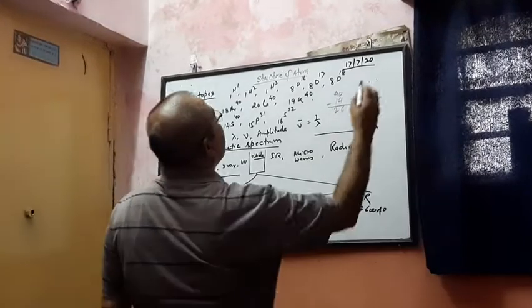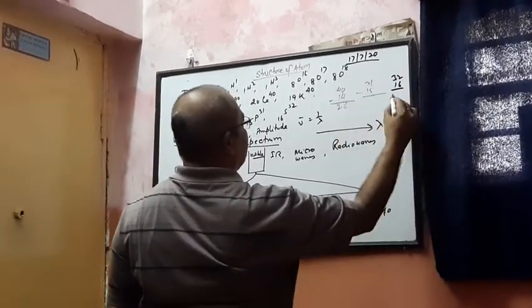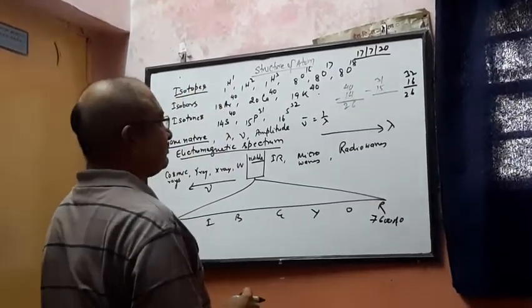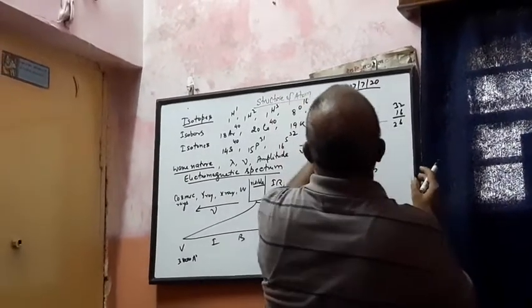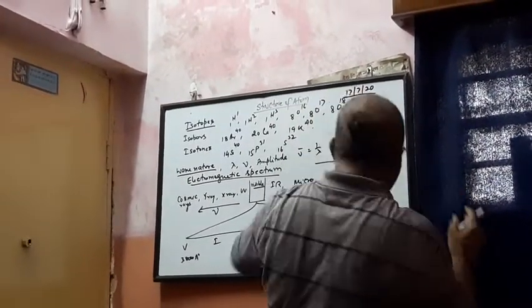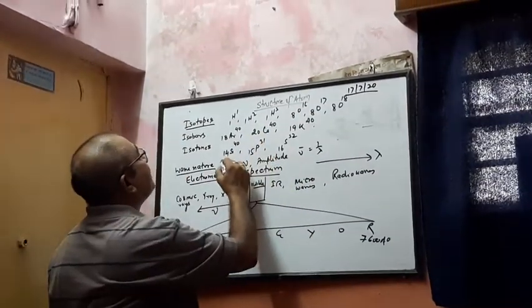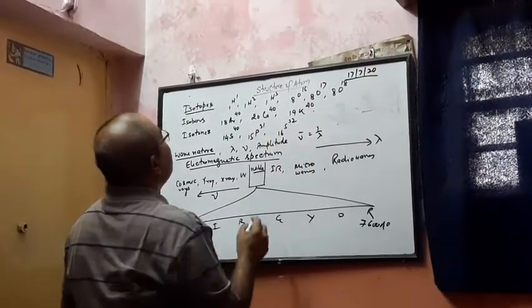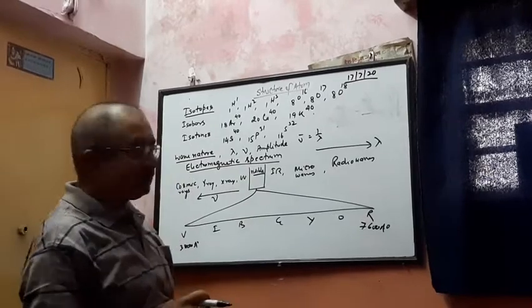Same way 32 minus 16, again 26. Same number of neutrons you have to get. So in this case you see 40 minus 14, 31 minus 15 and 32 minus 16. You will find in all the cases you are getting the same number of neutrons.